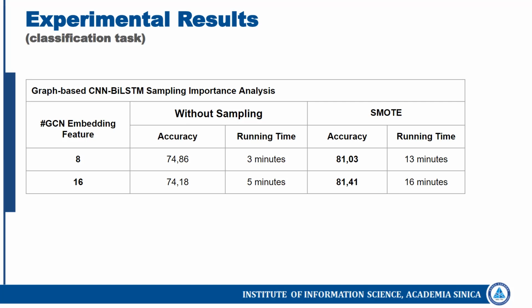And for traditional classification, if we decrease the imbalance ratio, then the classification accuracy will increase. In case of SMOTE, the performance of the classifier increases in both 8 and 16 GCN embedding sizes. And from this result, we can observe the risk of using imbalanced data for prediction without preprocessing, which also reflects the critical need to perform preprocessing on the data.